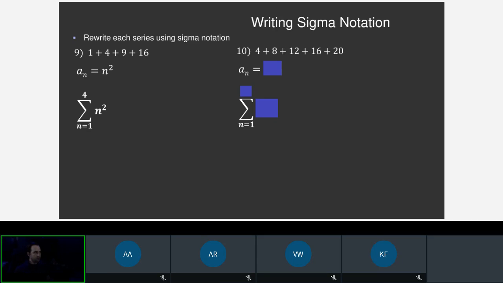All right, 4, 8, 12, 16, 20. Well, 4 plus 4 is 8. 8 plus 4 is 12. 12 plus 4 is 16. Hey, actually, we're adding 4 every single time. How neat is that? So I could do number 10 like we did on number 9, 8, number 7.